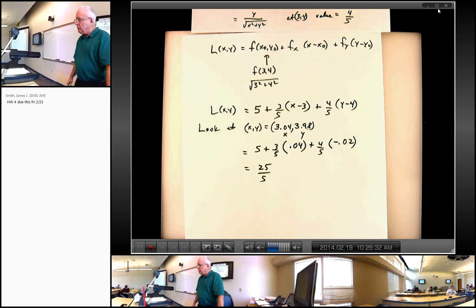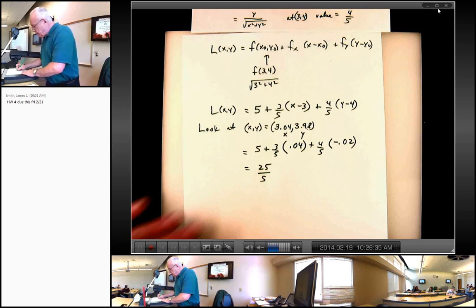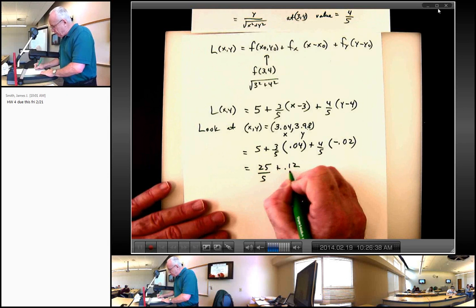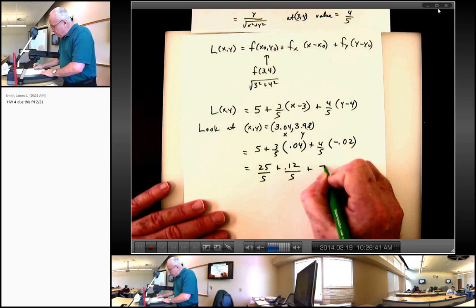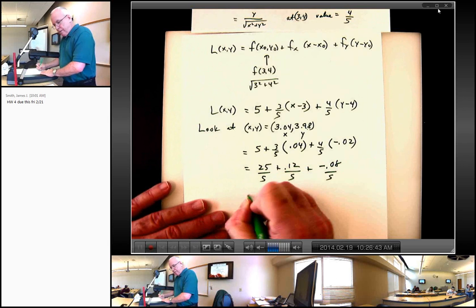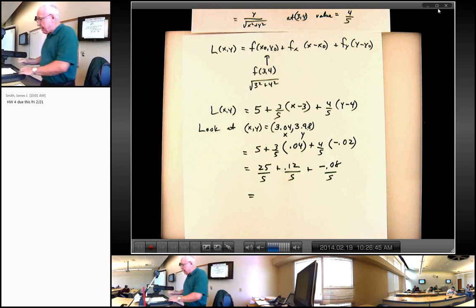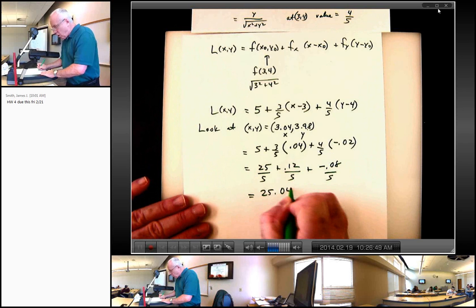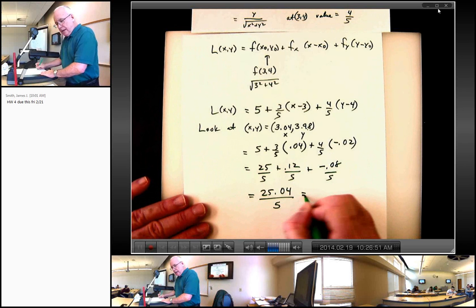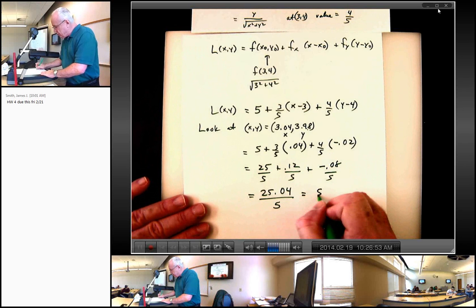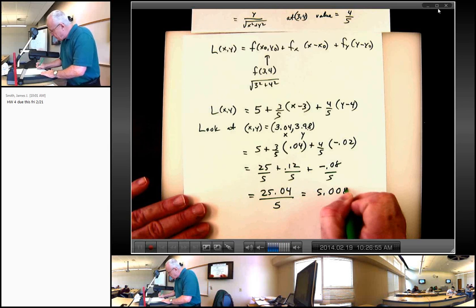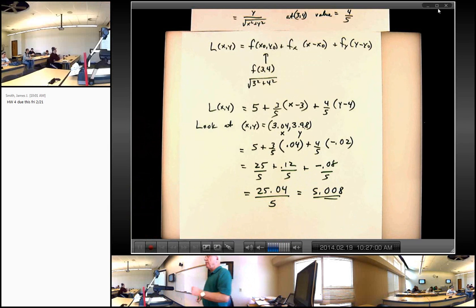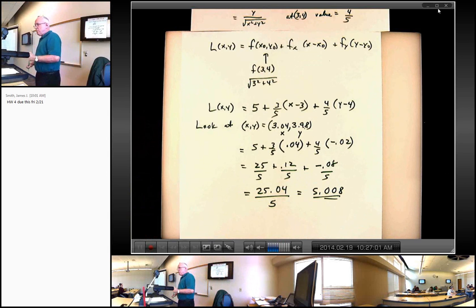So that's 25 over 5 plus 3 times 0.04 is 0.12 over 5 minus 0.08 over 5. So this all combines to 25.04 all over 5, and that equals 5.008. So that's our linearization of the actual value of the function using that formula.